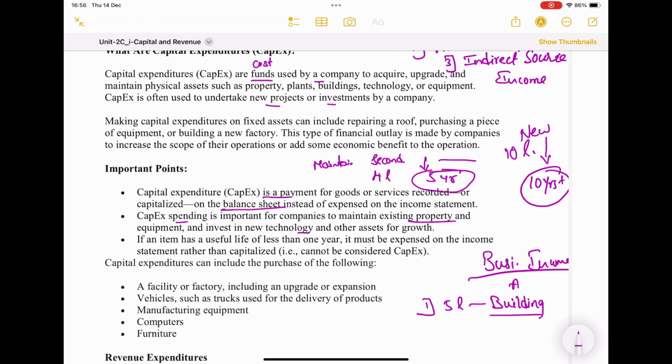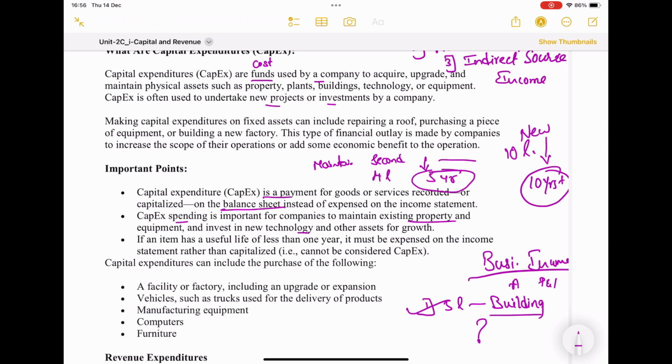So whenever an asset is purchased, this should not be included in the P&L account. In the balance sheet we have to reflect it, isn't it? But wrongly, what they might do is include this building amount in the P&L account sometimes.